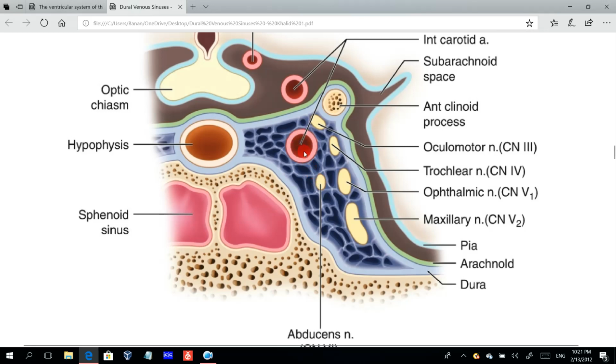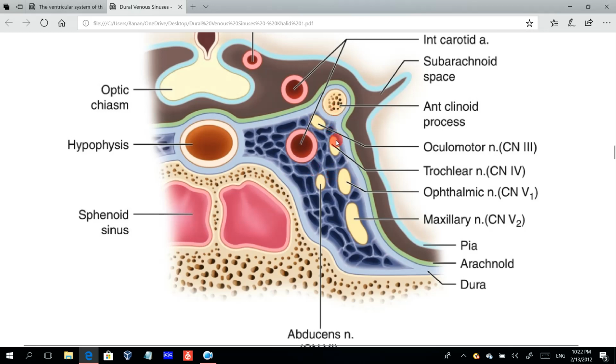On the wall of the internal carotid artery, we have this sympathetic nerve plexus surrounding the artery. So these three structures, the abducens nerve, the internal carotid artery, and the sympathetic nerve plexus surrounding its wall, pass through the sinus and leave the sinus entirely.